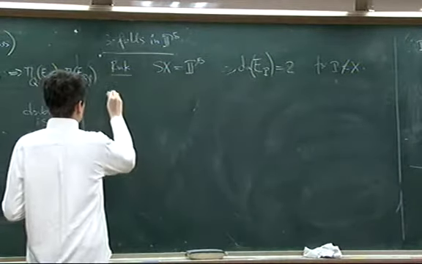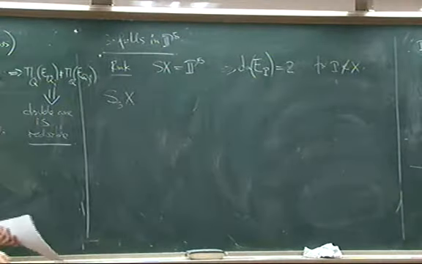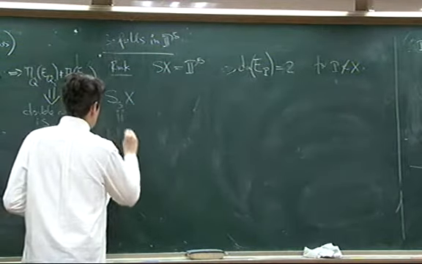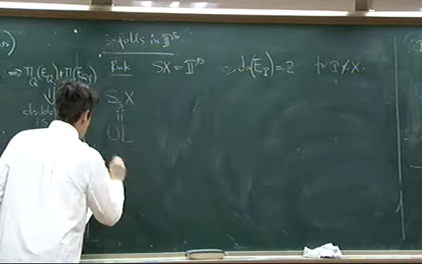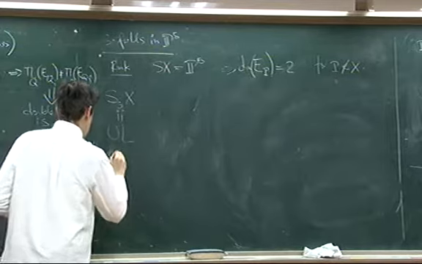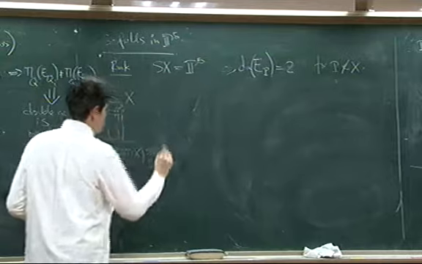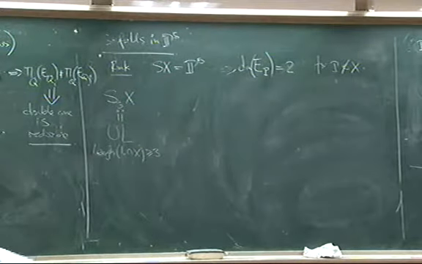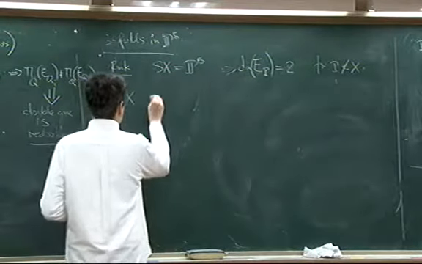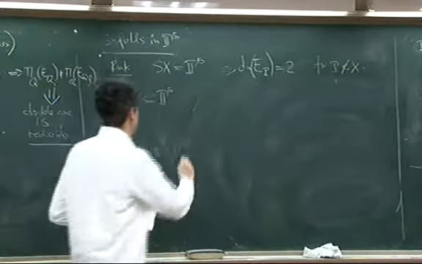Now let me denote S3 of X. This is by definition the union of lines such that the length of L intersected with X is at least 3. So this is the union of trisecant lines to X. This is inside P5. And there are two possibilities.